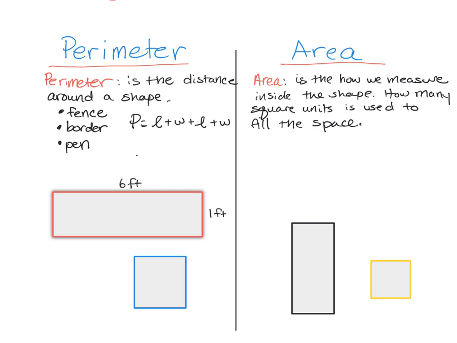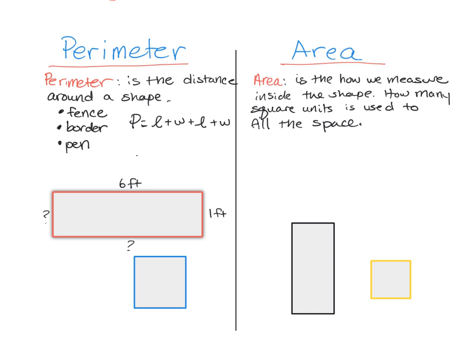When you see a drawing, a lot of times, even architects or anybody drawing out a plan, they're not going to label all the sides. So you have to figure out what the other 2 sides are.